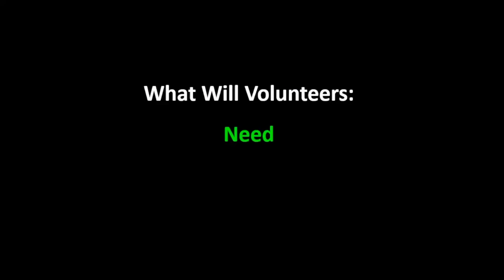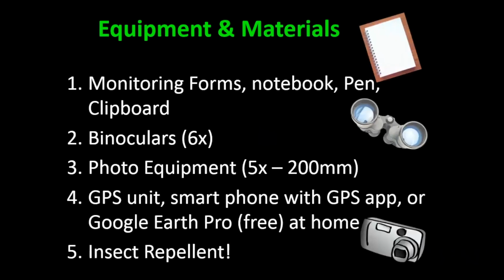There are some things that you will need in order to be a volunteer for this program. We request that you take the paper copy of the monitoring forms out with you in the field, as well as a notebook, pen or pencil, and a clipboard. Binoculars will be very helpful when you're trying to look further up in the canopy than your eyes allow, as well as photo equipment.